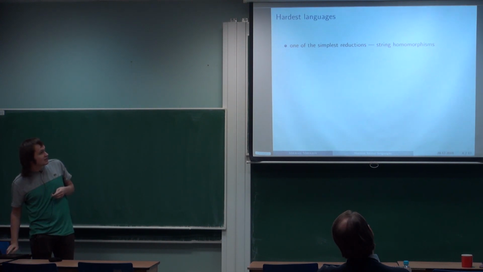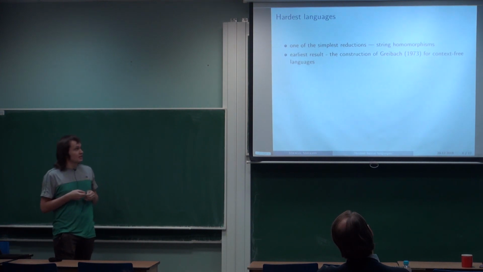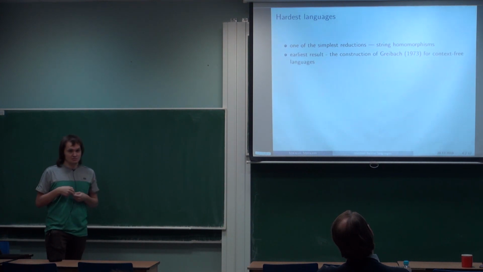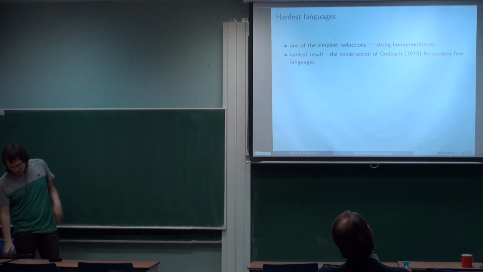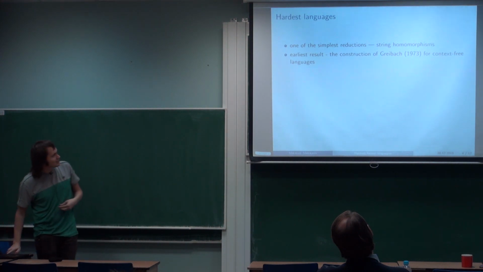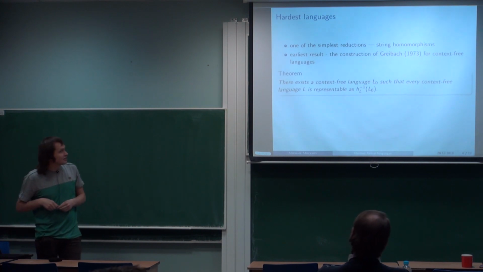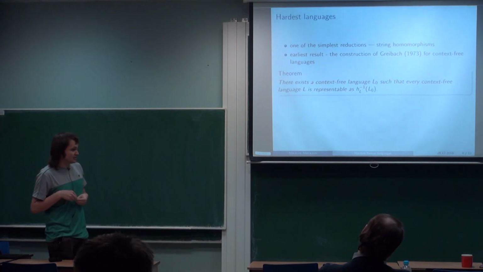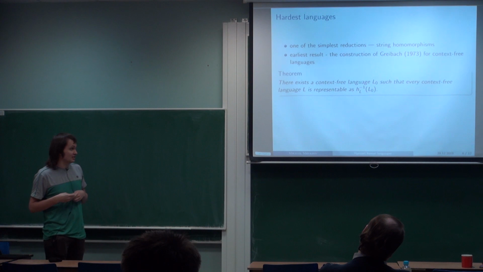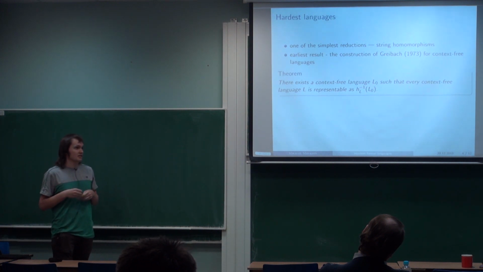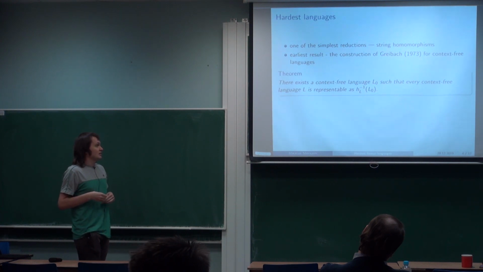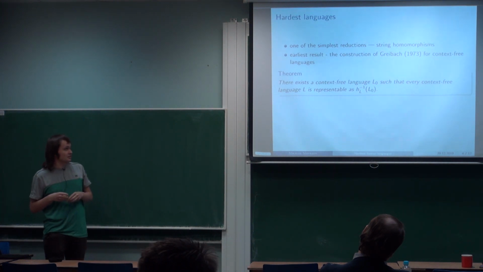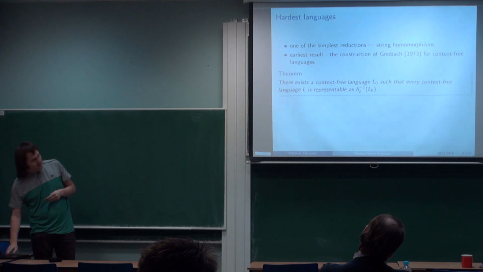The first such result was obtained by Greibach in 1973 for context-free languages, which are one of the most ubiquitous classes, of course. There exists such a context-free language such that every other, and itself, of course, can be represented as an inverse homomorphic image.